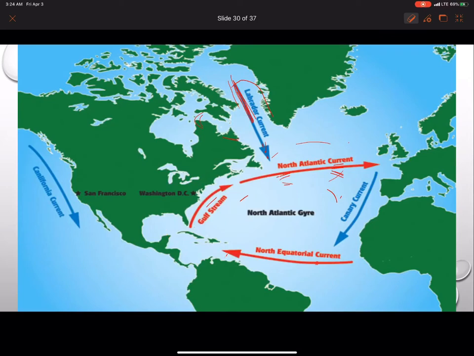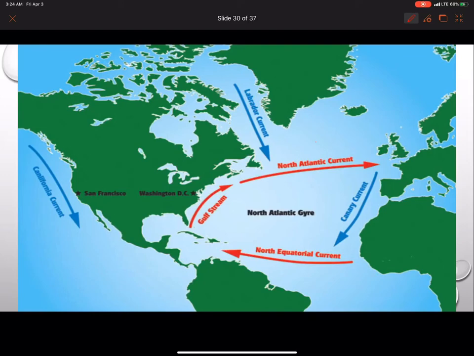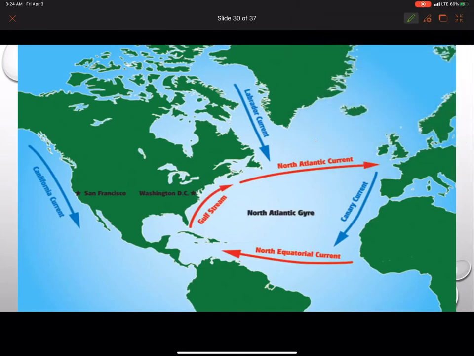Like I said, this current is the most studied just because it's been one that has been used the most, especially back in the 1600s, 1700s, and 1800s, when the slave trade was going on.